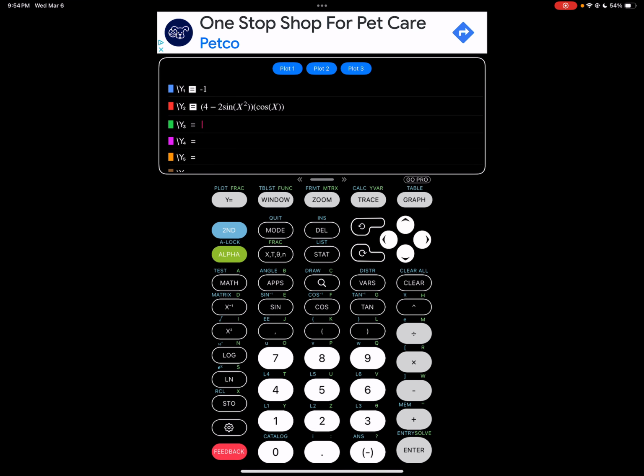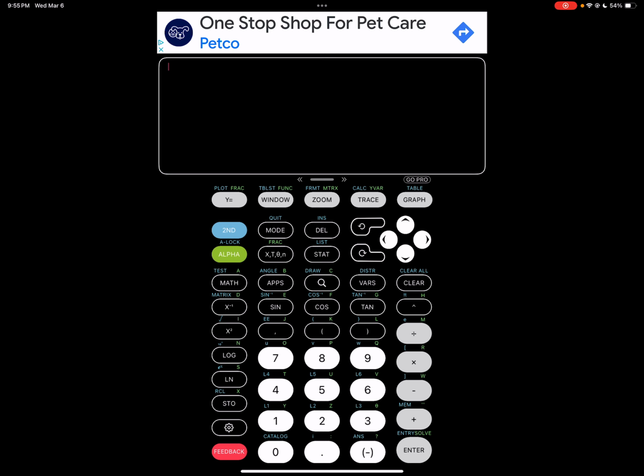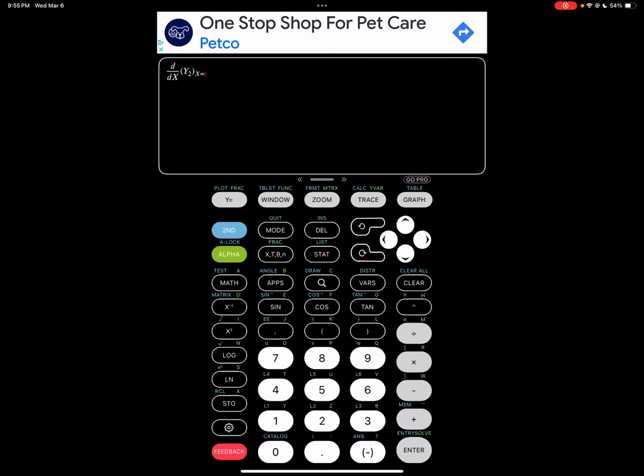Before I do that, I'm going to just copy this and then put a sine of x. So that's y2. I'm going to do math and derivative of y2. And the x value that we already found the intersection for should already be stored, just because we already had x is equal to 1.808. If it's not automatically stored, you could just type in 1.808. You're going to get the same thing.